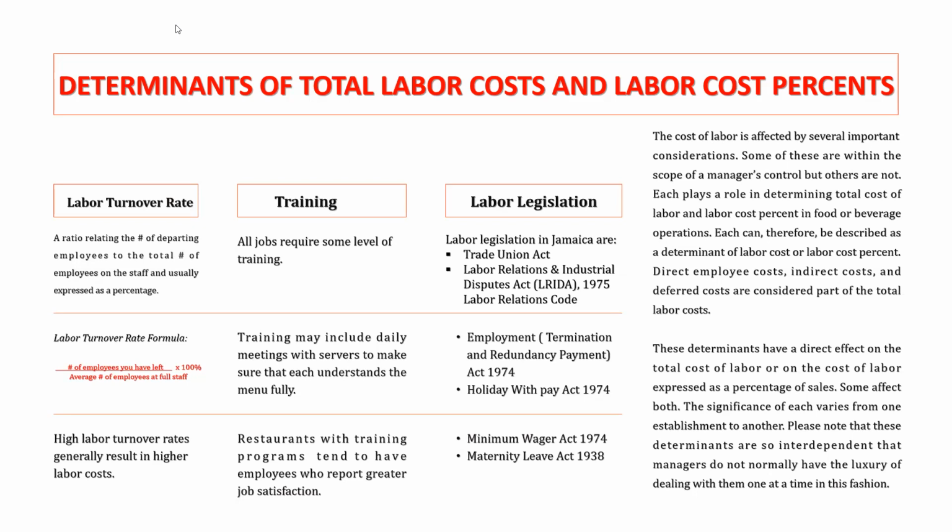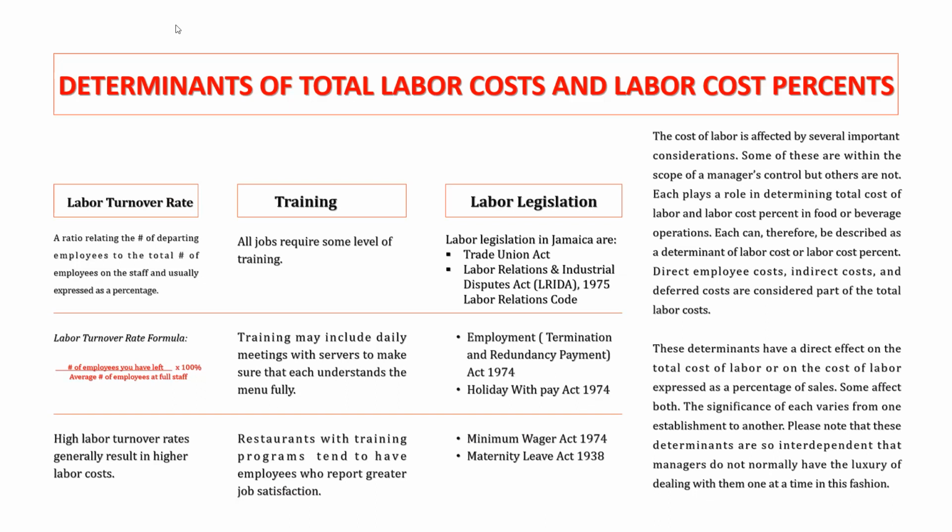On another level, training may include daily meetings with servers to make sure that each understands the menu fully and is aware of which items it is most beneficial to sell. Then again, training may mean taking completely inexperienced people and teaching them everything they need to know to perform particular jobs.